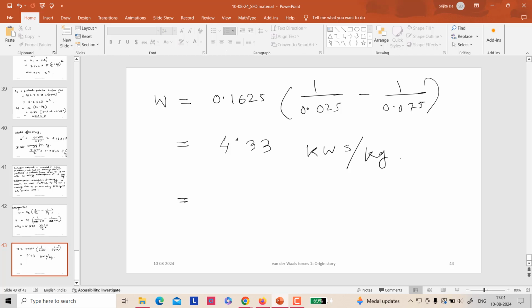So we have to divide it by 3600 because 1 hour equals 3600 second, and 1 ton equals 10 cube kg, so we multiply with 10 cube. That will be 1.203 kilowatt hour per ton. Okay.